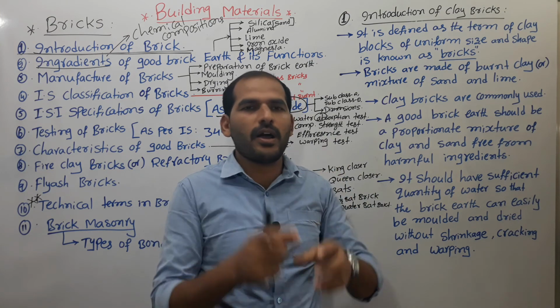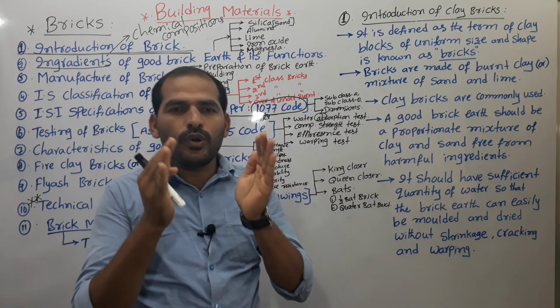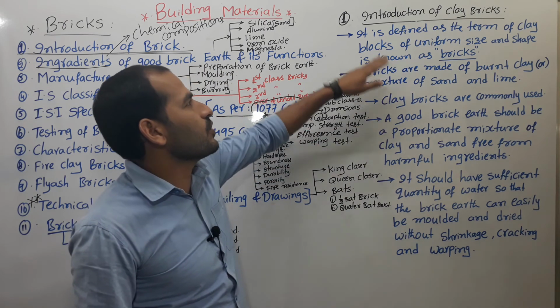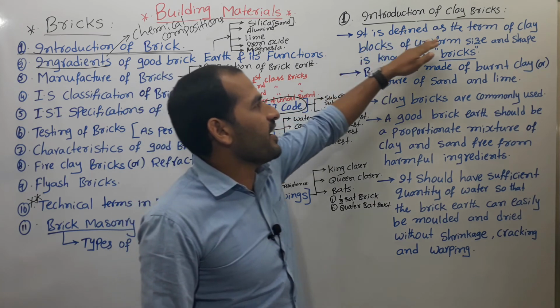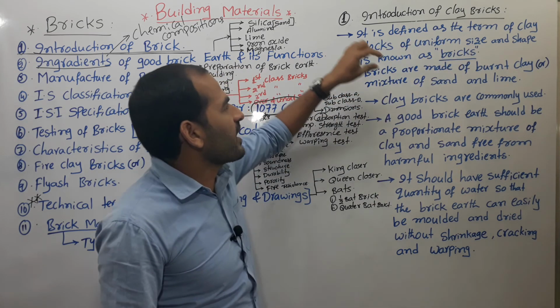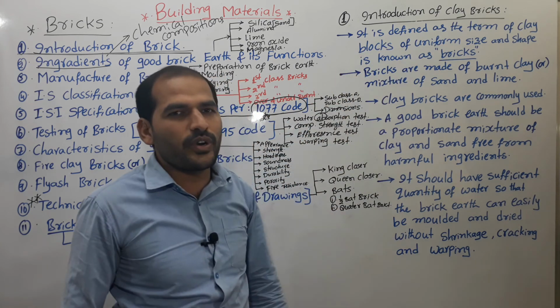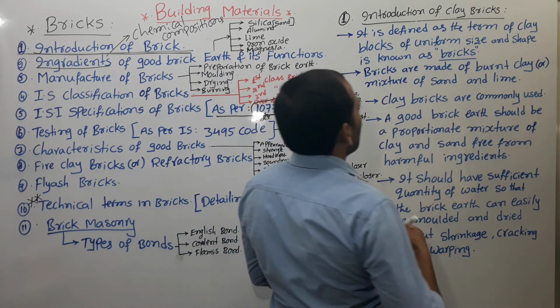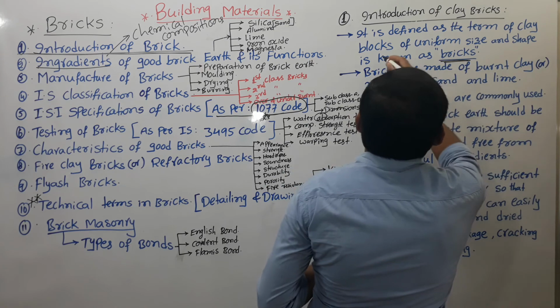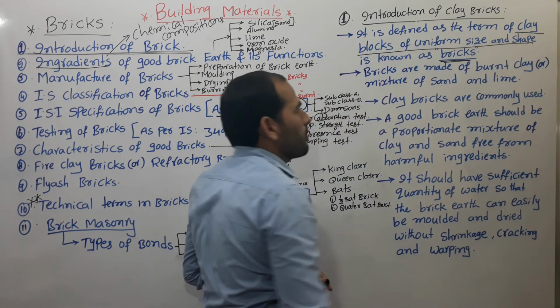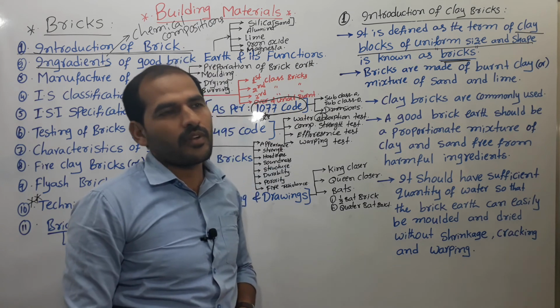One clay block converted into uniform size and shape is known as the brick, right? So see the definition: clay blocks of uniform size and shape are known as the brick.